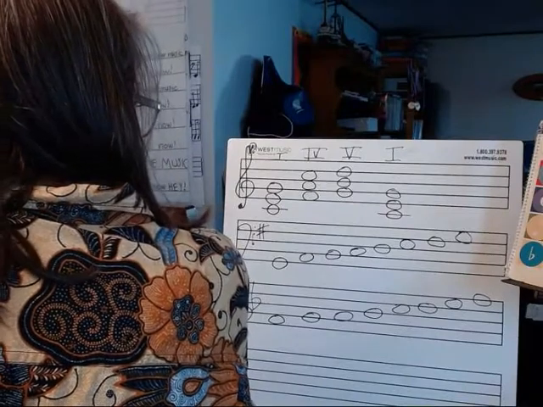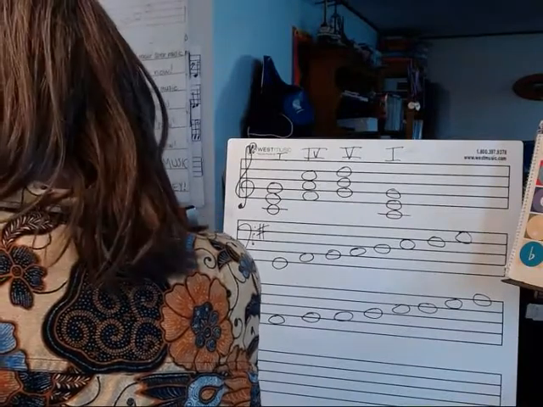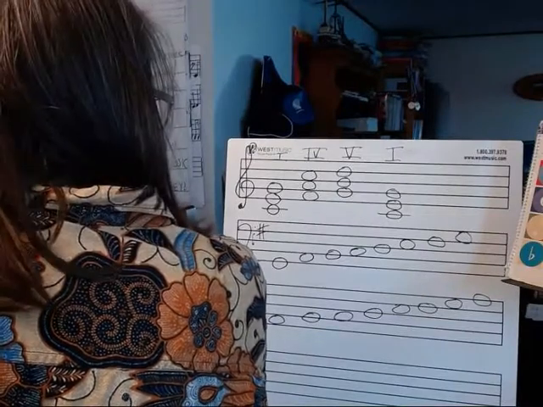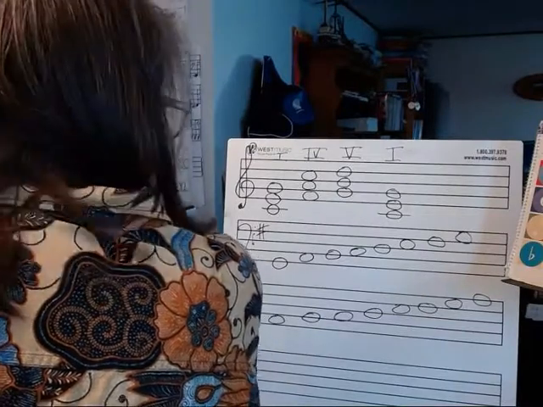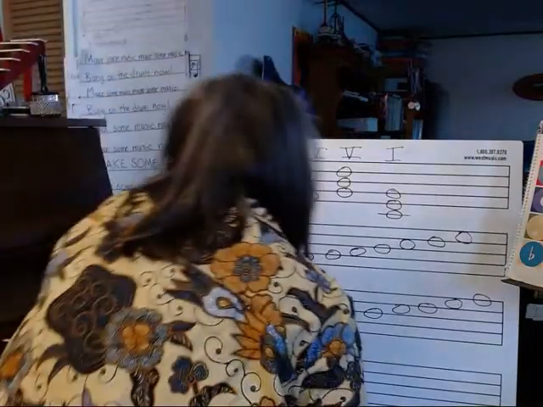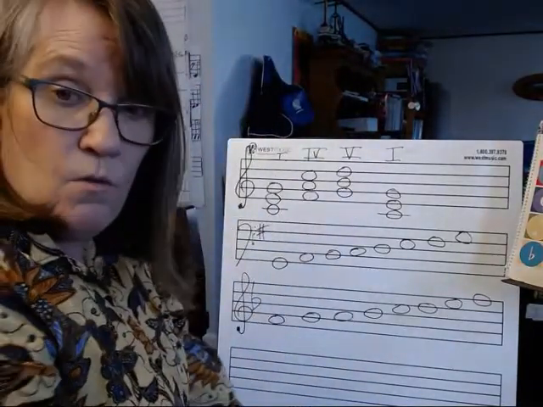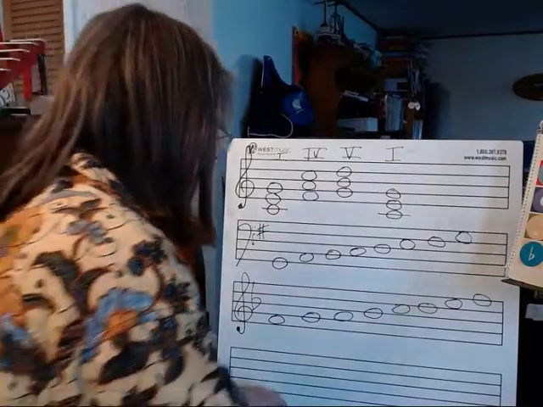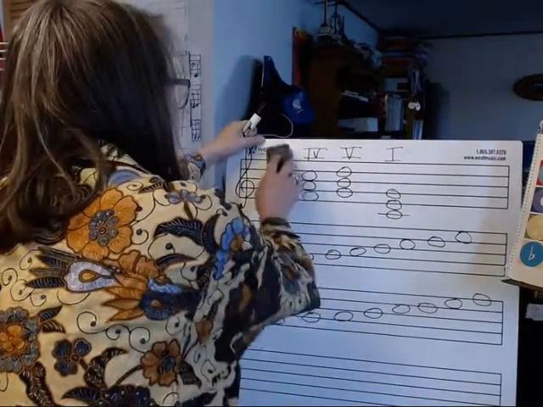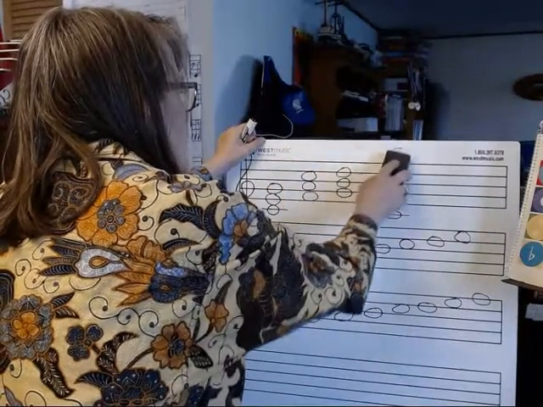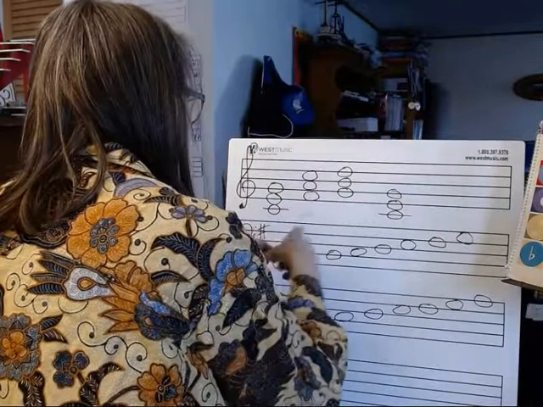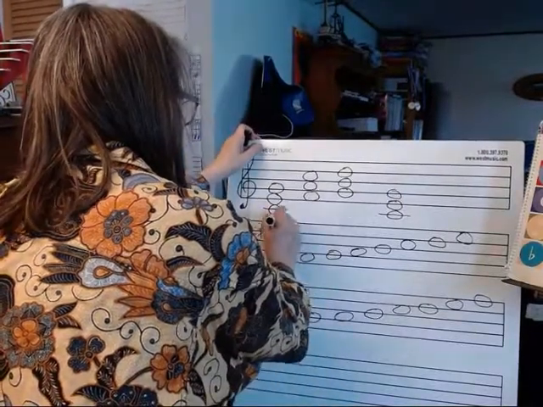So C major, F major. Okay, so once we know where they are, now we can spell the chord. And when you spell the chord, that means you're giving it a name. So I'm going to put these down here so they're out of the way.